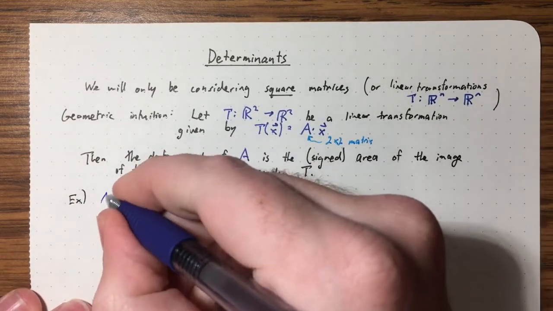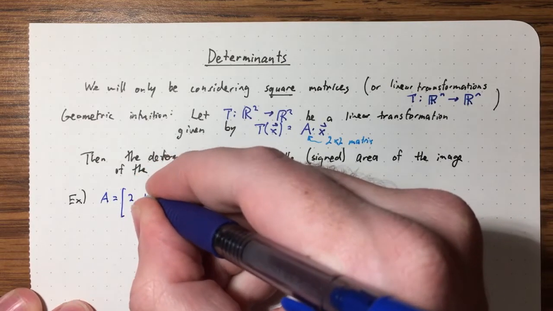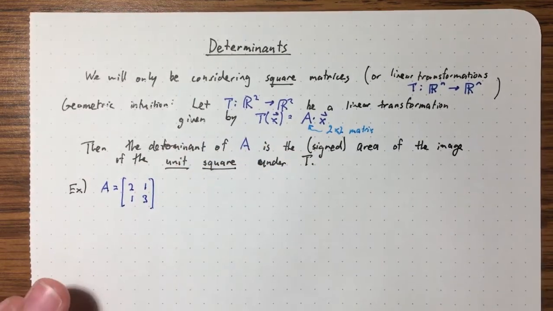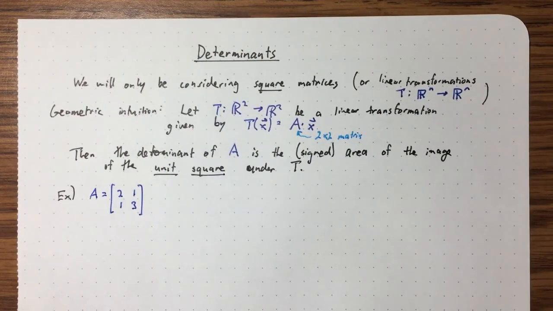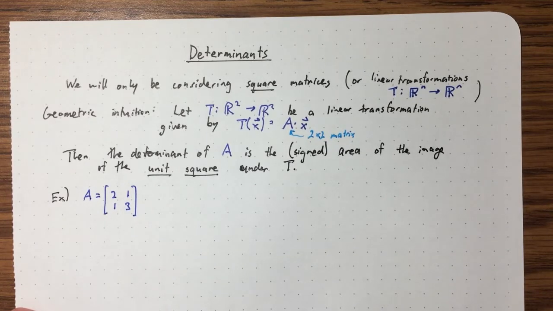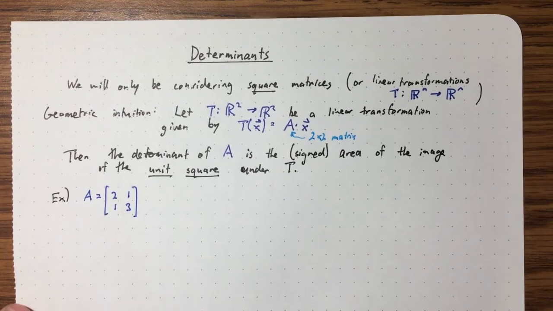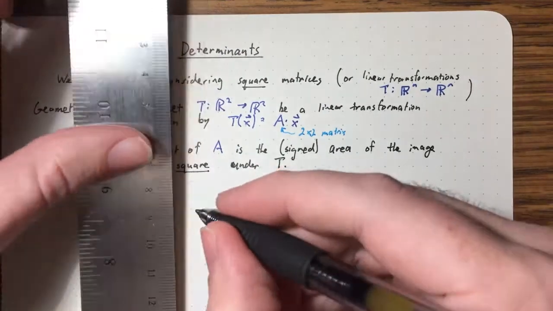So what if this were my matrix? 2, 1 is the first column, and then 1, 3 is the second column. Okay, and some of you might have seen a formula for determinants, but pretend you don't know the formula. We're just going to solve this geometrically. So what would be the determinant of this matrix? Well, this represents a linear transformation, right?